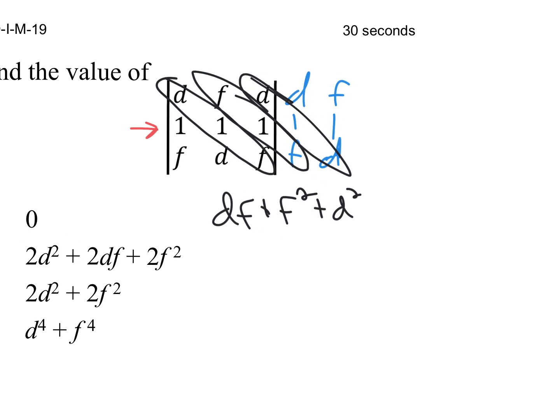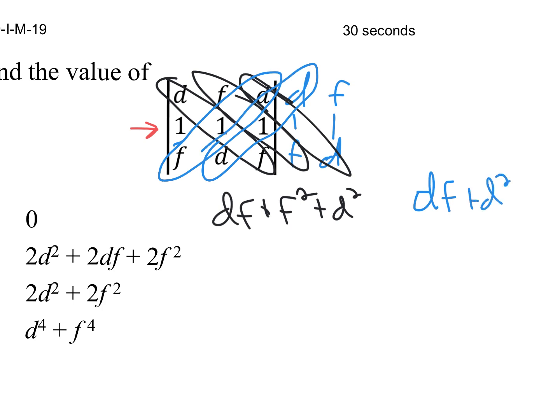And then going the other direction, this would be fd, which is the same as df. If you have 2 variables multiplied, it doesn't matter what order it is. This would be plus d squared, and this would be plus f squared. What we do is take those first diagonals minus the second ones.